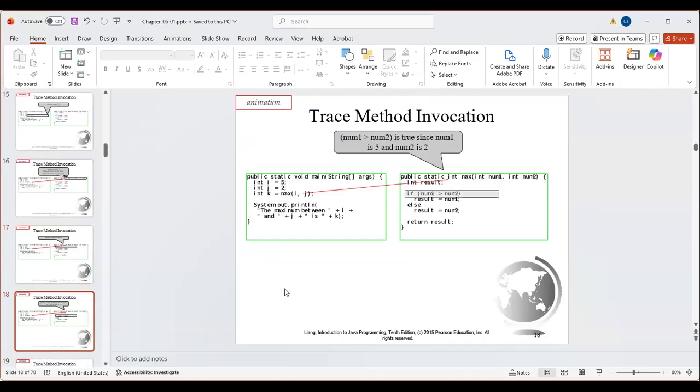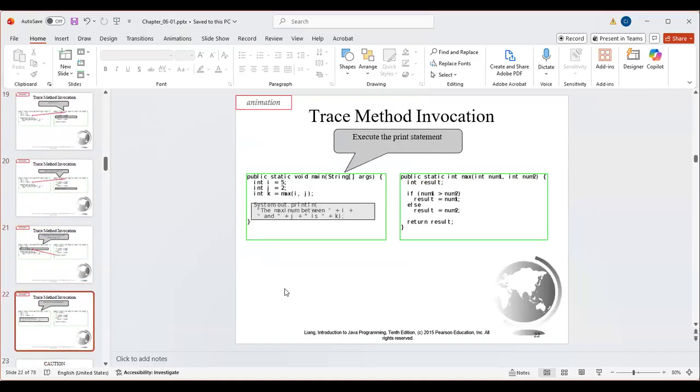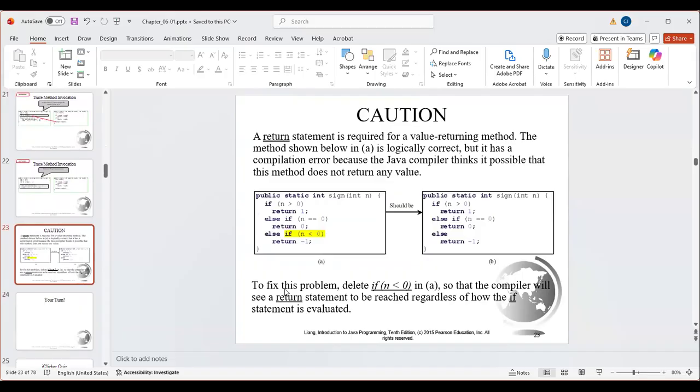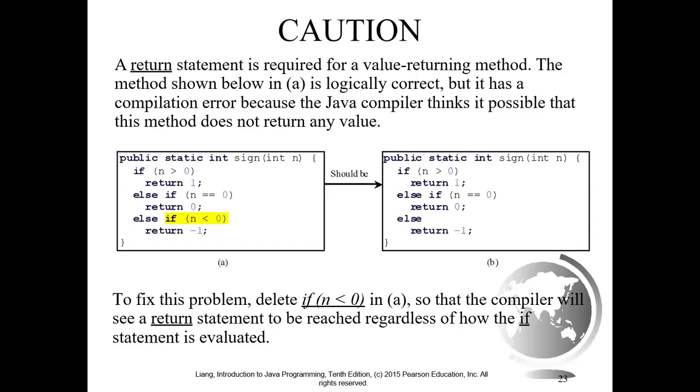We are just having a demo for it, so we will not look into the slide details. Okay, here it says that a return statement is required for a value-returning method. The method shown below in A, which is referring to the left block, is logically correct, but it has a compilation error because the Java compiler thinks it's possible that this method doesn't return any value.